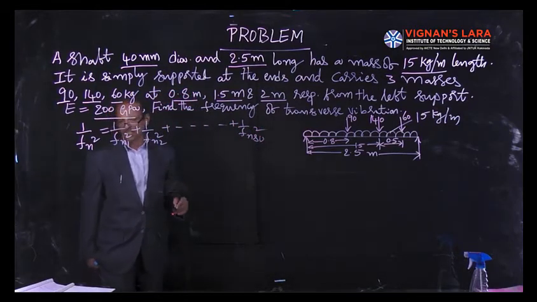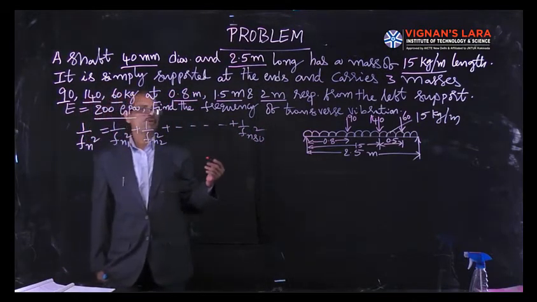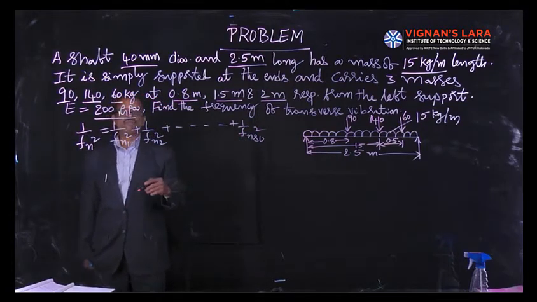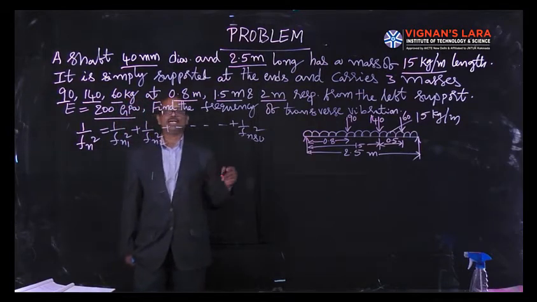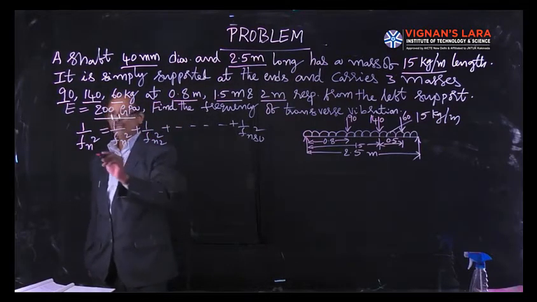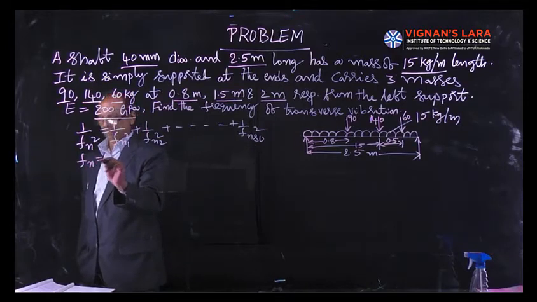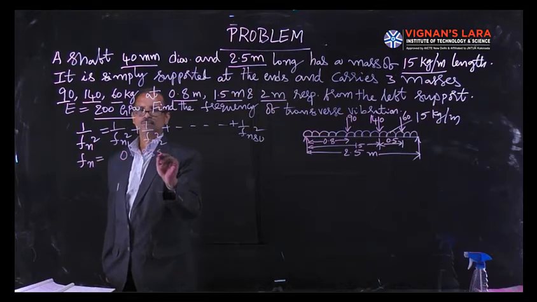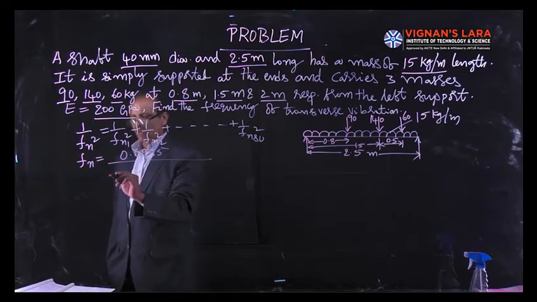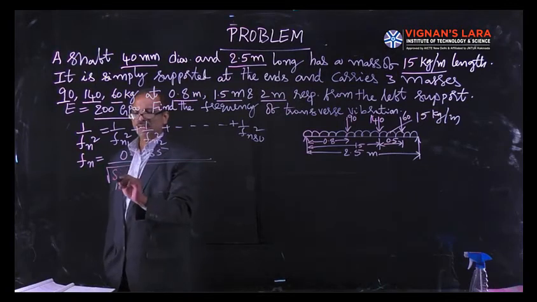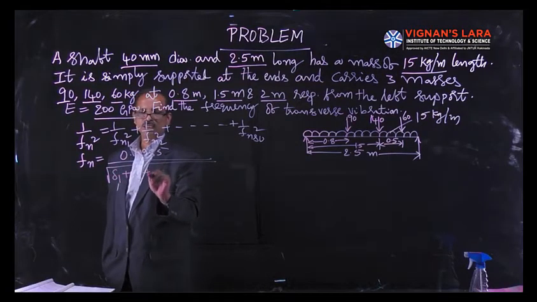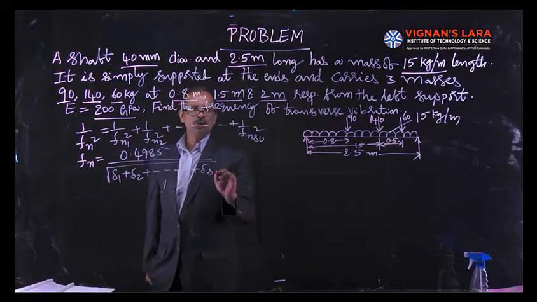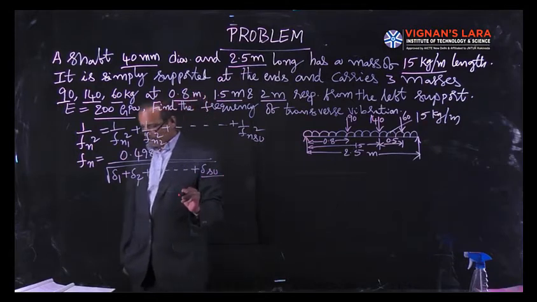The same equation, if you write it in terms of g is equal to 9.81 and writing Fn is equal to 1 by 2 pi root g by delta, and simplifying that, we will get Fn is equal to 0.4985 by root over delta 1 plus delta 2 plus delta 3 and so on plus delta s, that is UDL, by 1.27.